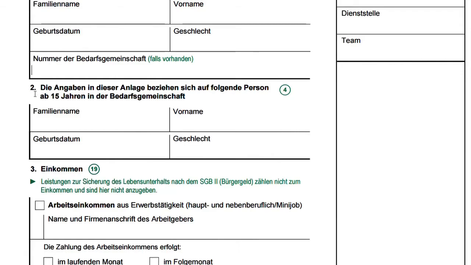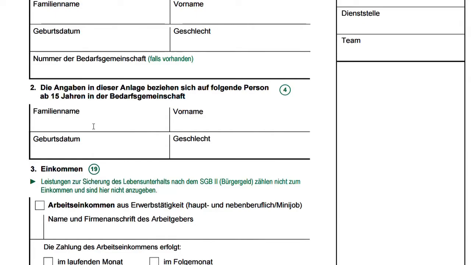In part 2, you write the information about yourself or the person in your family who is 15 years old or above and works or has income. So, if you are the person who has income in your family, you write your details here, and in the rest of this form, you write the information about your income.